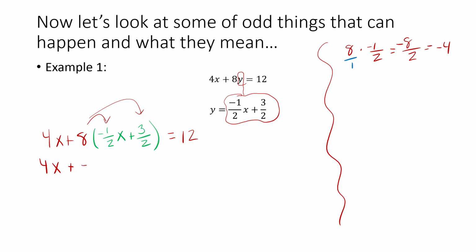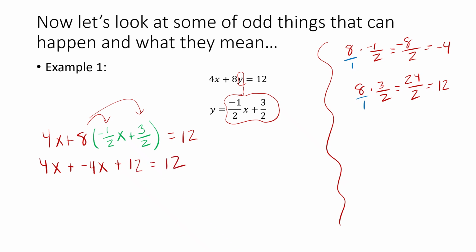So this will be plus -4x, and then we need to do 8 times 3/2, same deal. It's 8 over 1 times 3 over 2. 8 times 3 is 24, 1 times 2 is 2, and 24 divided by 2 is 12. So that came out kind of nice.